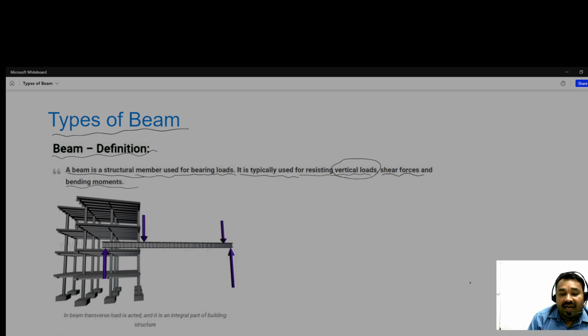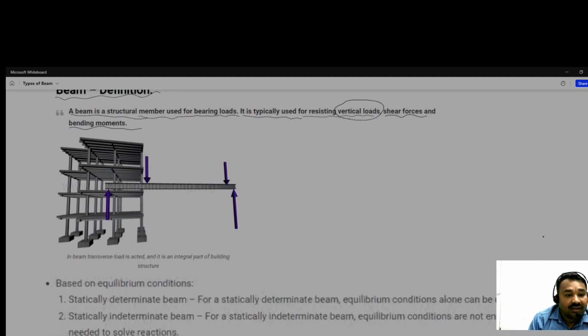Okay, and here you can see the structure. In the beam, transverse load is acted, and it is an integral part of building structure.